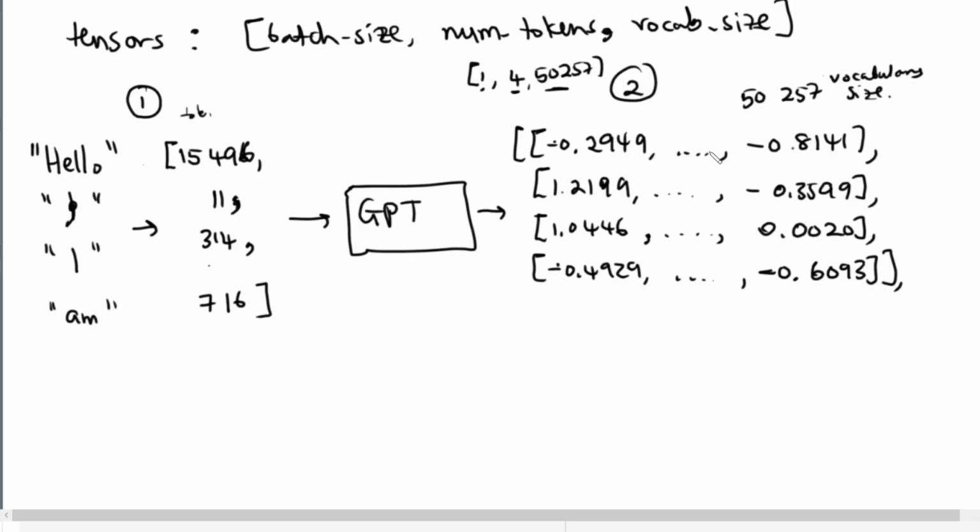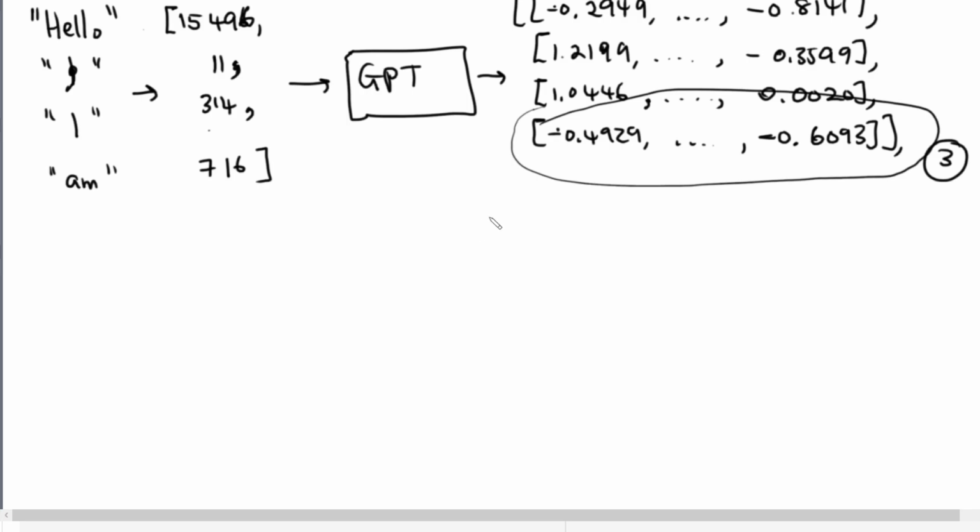Now that we have that, we will extract the last vector. We're going to extract this last vector here as the third step, because it corresponds to the next token that the GPT model is supposed to generate. So we extract that as the third step.